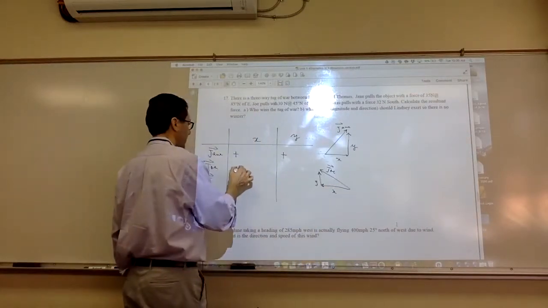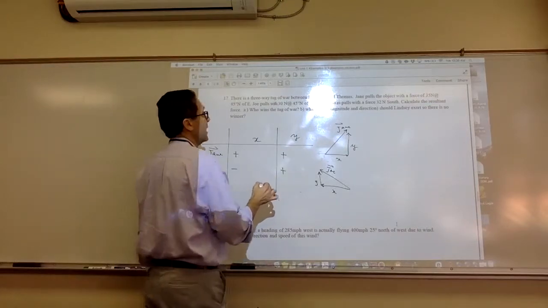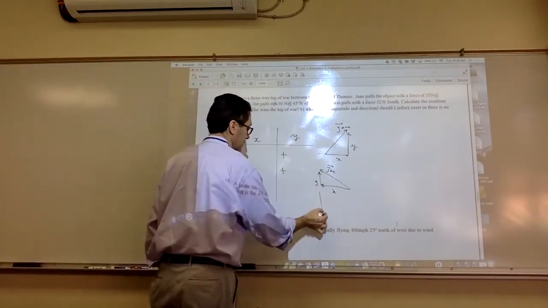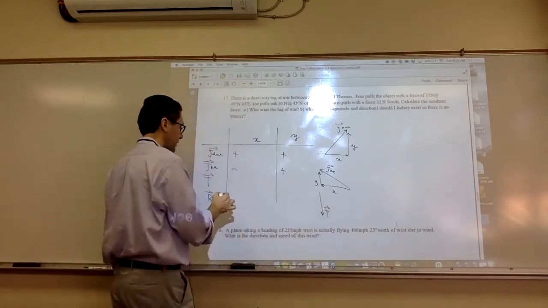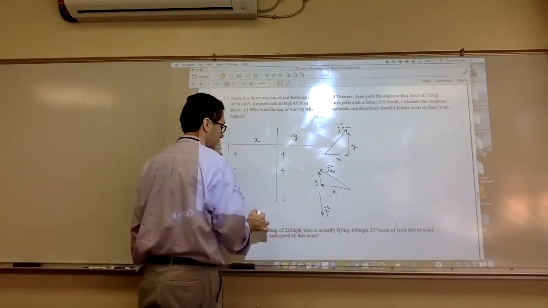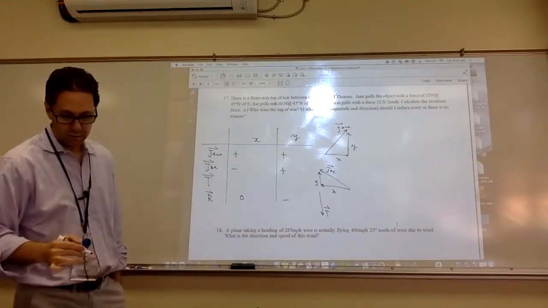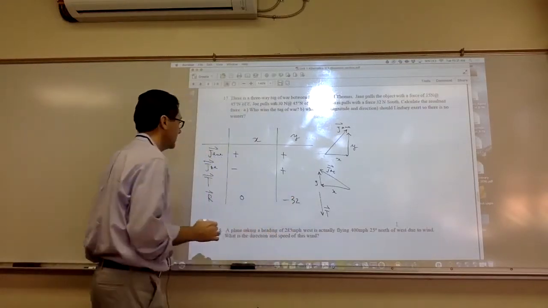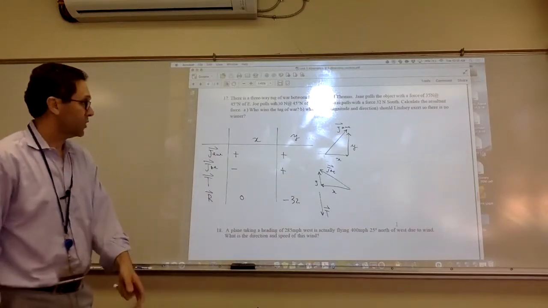Okay, so negative and positive. Tom, it just goes straight south. So this is Tom. So basically, there's nothing in the x component, and it's negative in the y direction. So this is basically just 32, but negative.